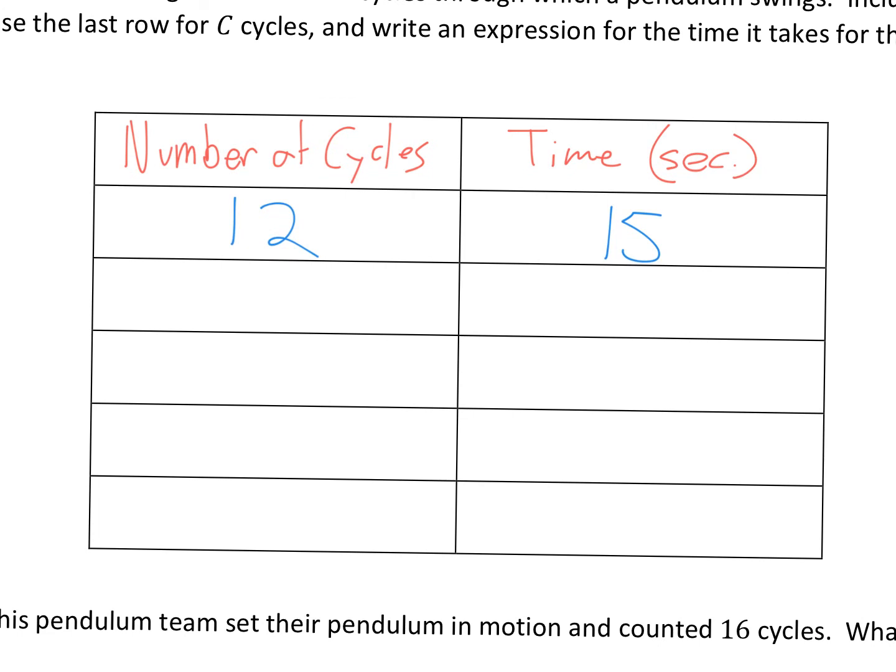And then further on, at the very bottom, it says use the last row for C cycles and write the expression for the time it takes for the pendulum to swing. So this is going to be C right here. C represents the number of cycles, and the time is going to be an expression that compares these two things. And I'll give you a hint.